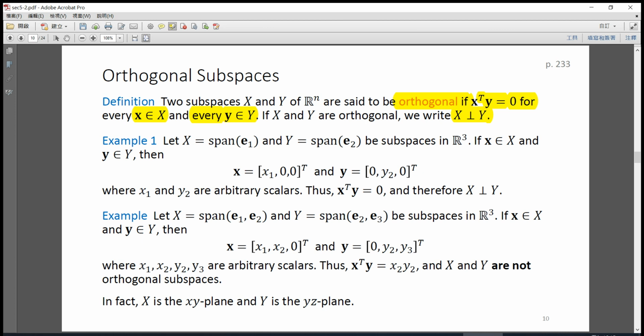We use example 1 to illustrate orthogonal subspaces. Let X be the span of e1, which is the x-axis in R3, and Y be the span of e2, which is the y-axis in R3.